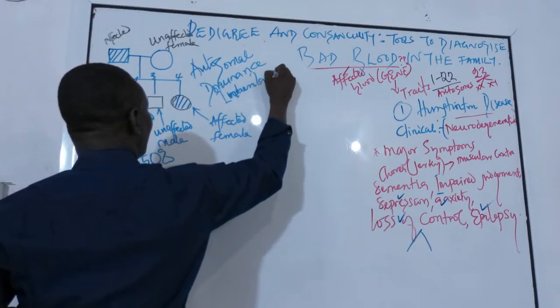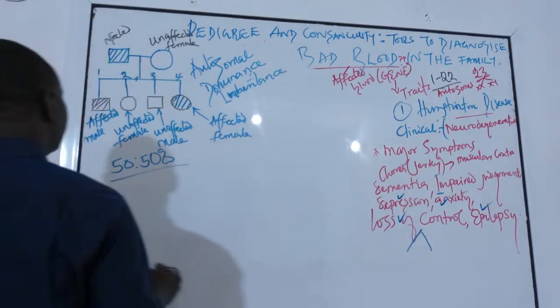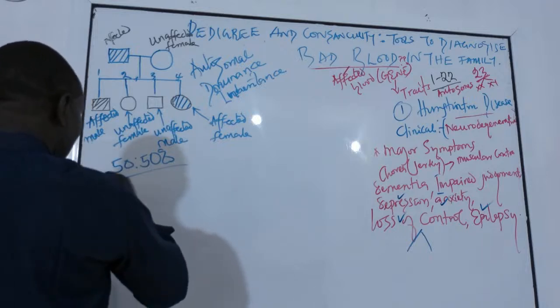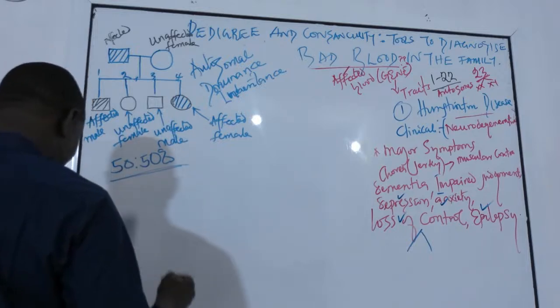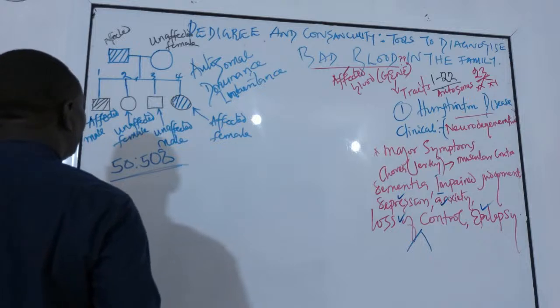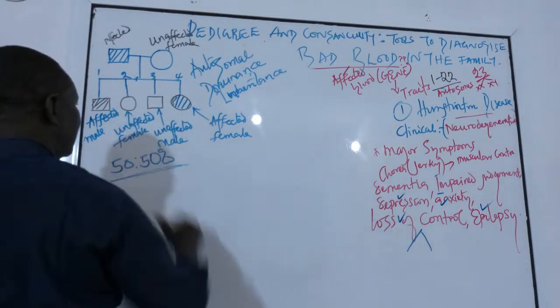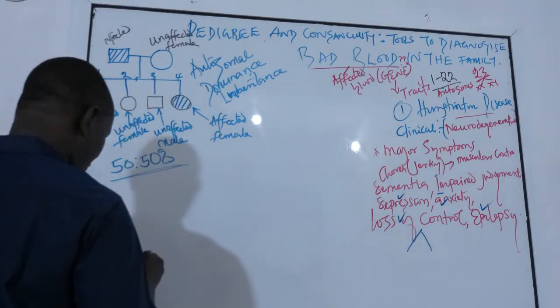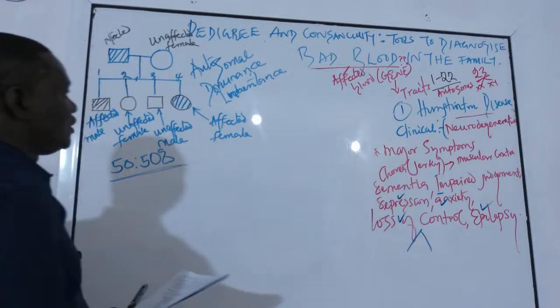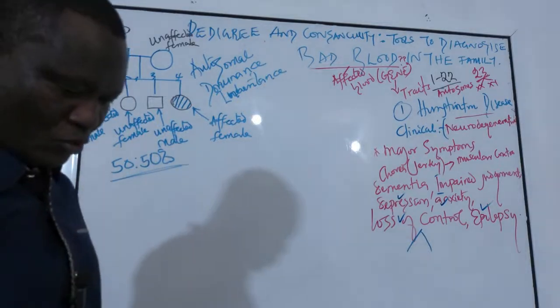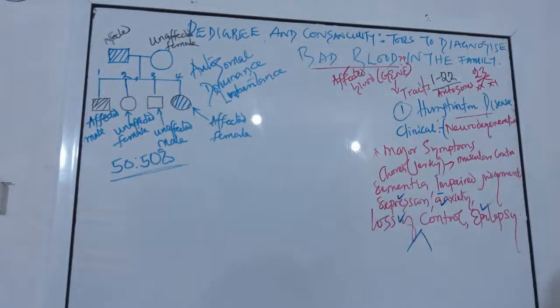It is going to follow this pattern. That is, the first generation has a 50% chance of passing it on to their children. Okay, so that is that anyway.